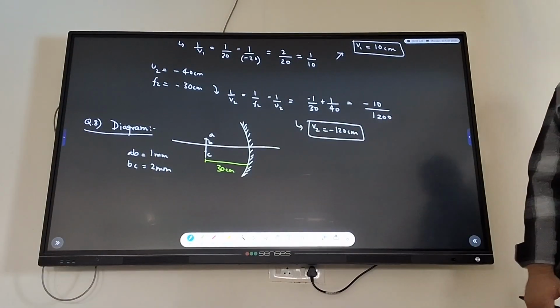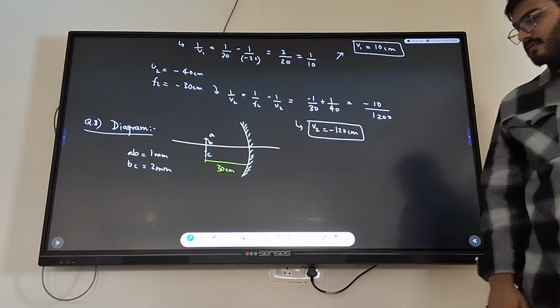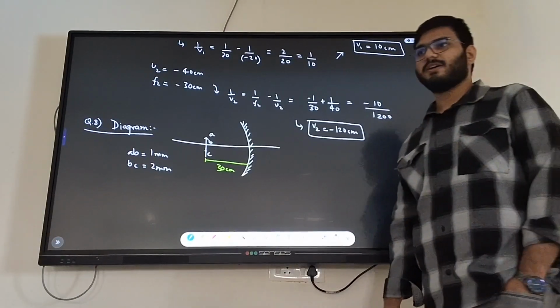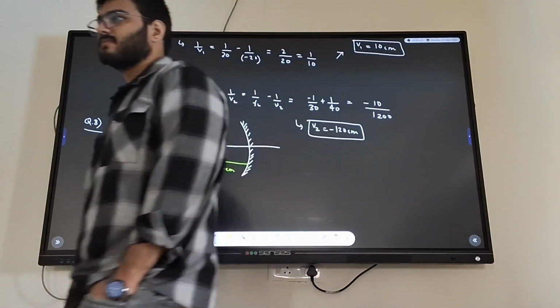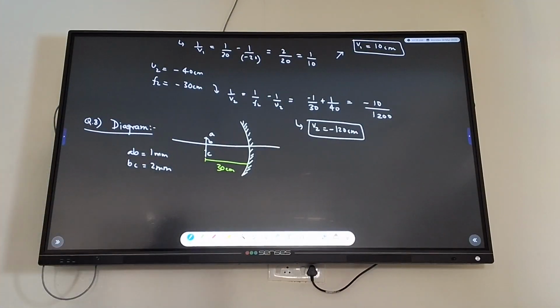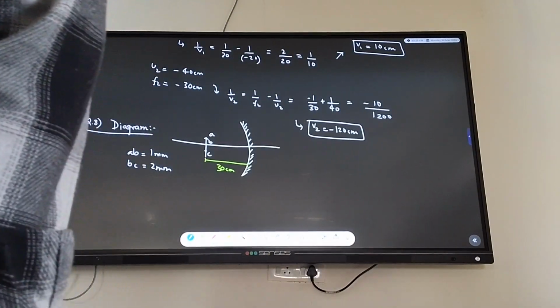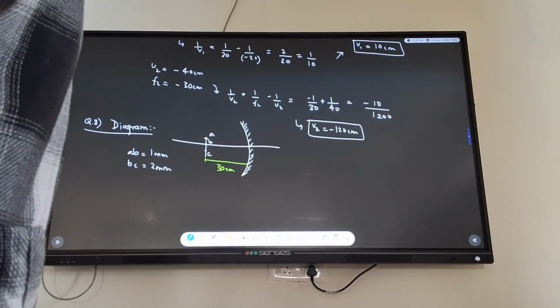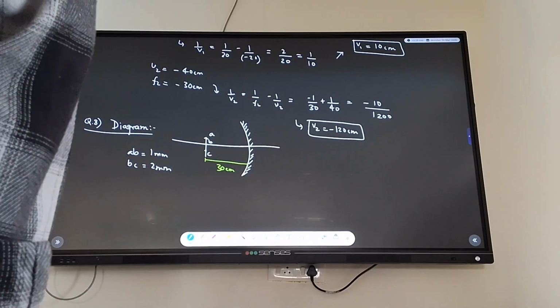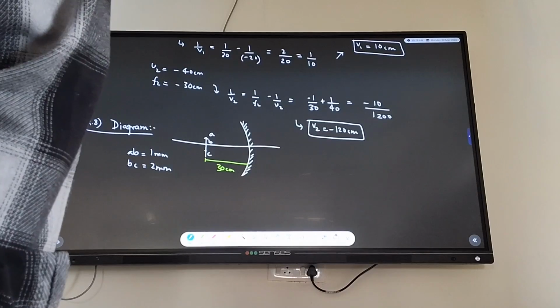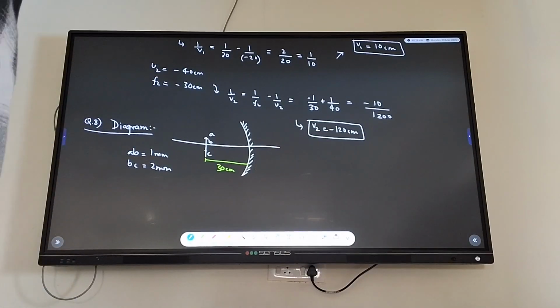So given in the question. Anybody with the image? Sure. This is at 60 centimeters. Okay. And can you name the points?